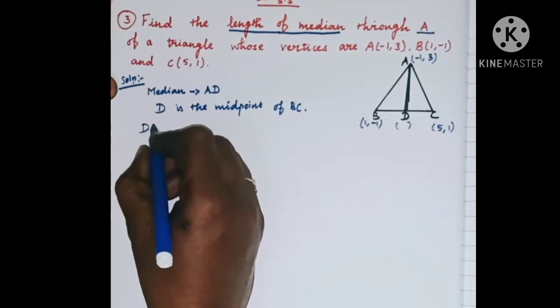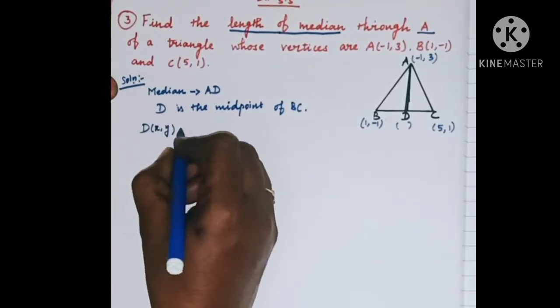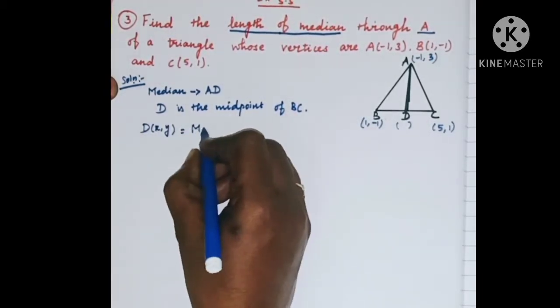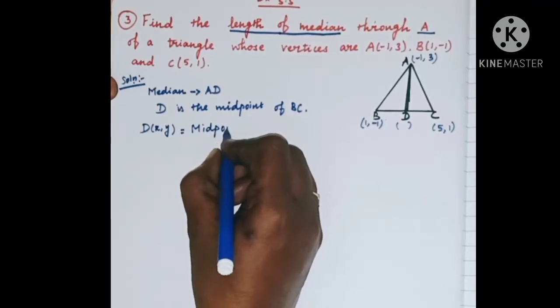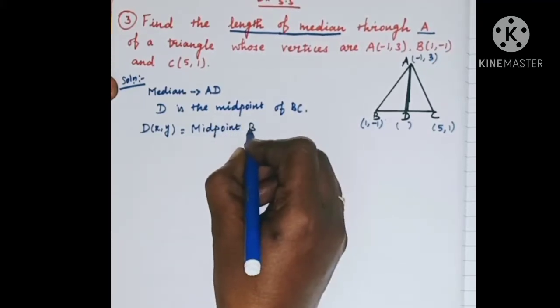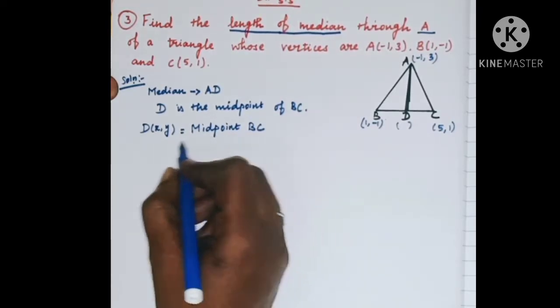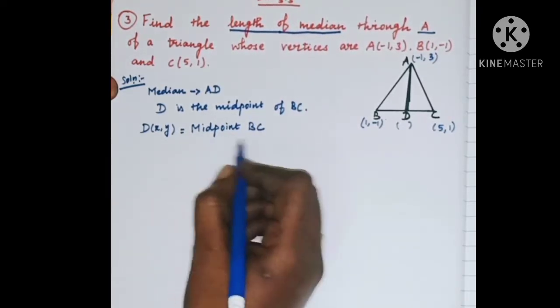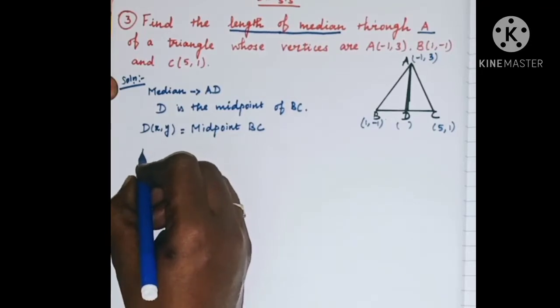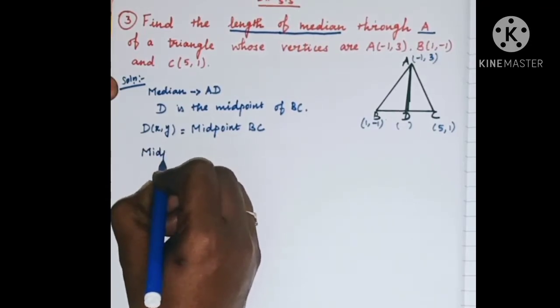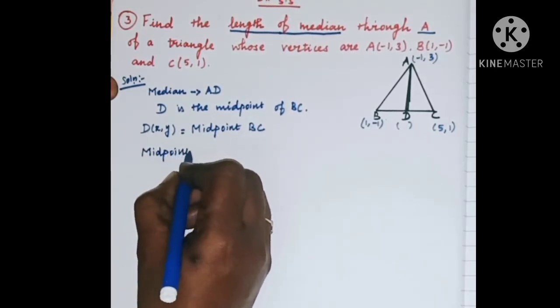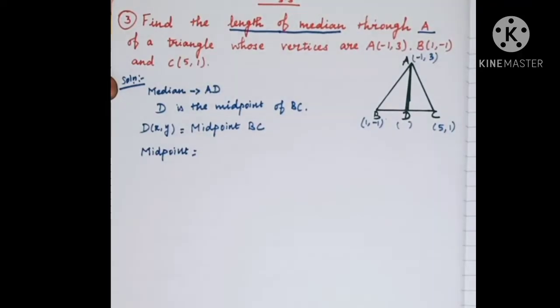So the coordinates of D, x, y is equal to the midpoint of BC. Using the midpoint formula, we have to find the midpoint of BC. What is the midpoint formula?